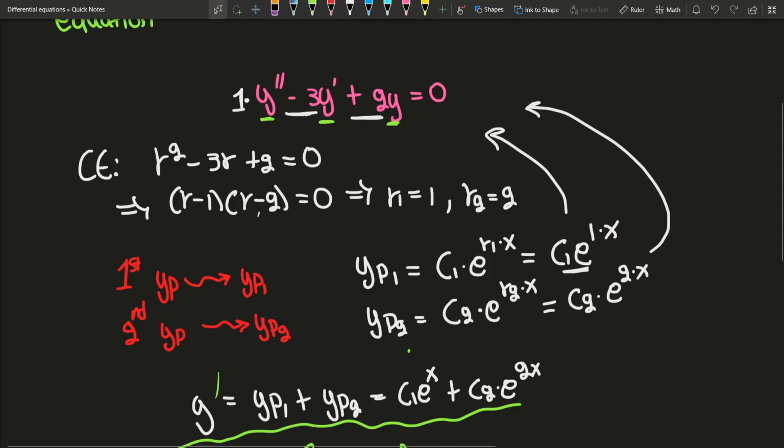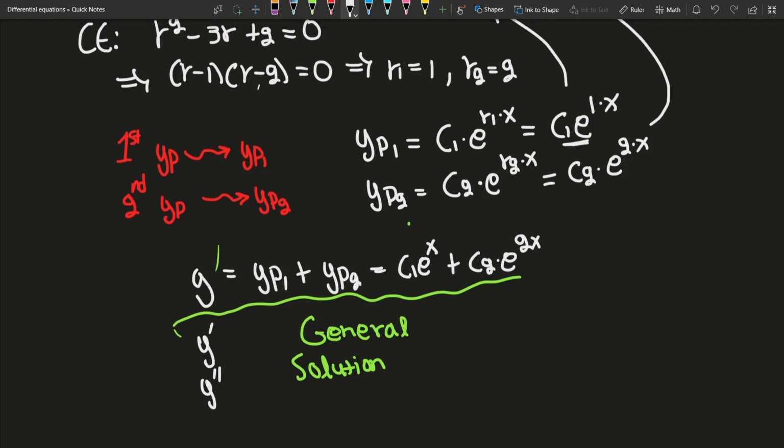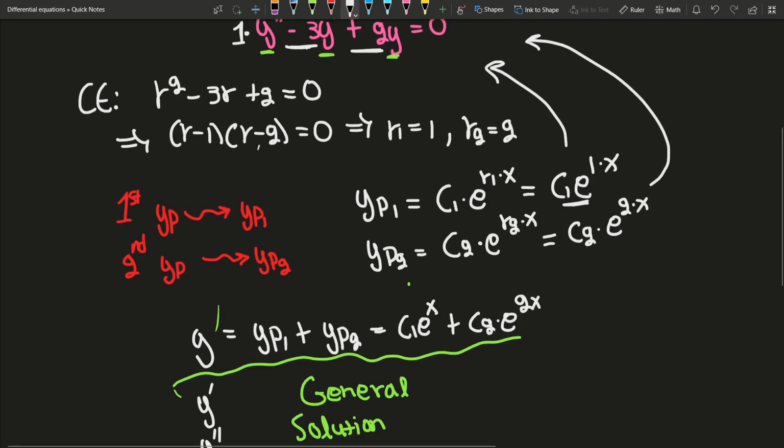Now you might ask, but how will I know C1 and C2? Well, to do that, you must have some initial conditions which are gonna help you find C1 and C2.